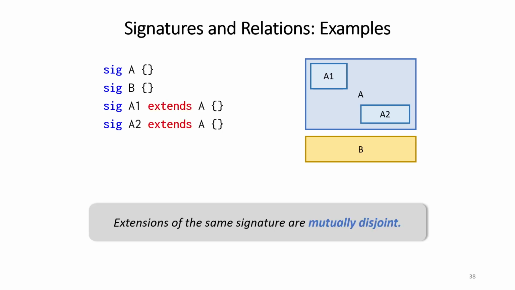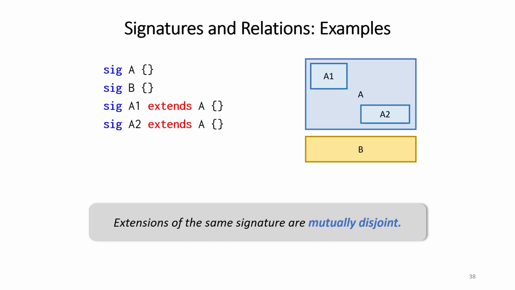One thing that is important here is that the extensions of the same signature are mutually disjoint. So this means that there is no element here which is A1 and at the same time A2. So if we have person and it's extended by professor and by student, then the person is either a student or a professor, but not professor and student at the same time in this model of inheritance.